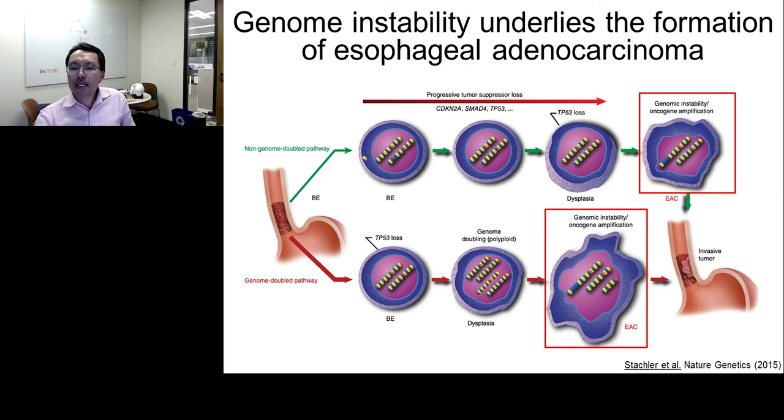Now, what we have done is we have harvested tissue from different stages in the course of progression from Barrett esophagus to esophageal adenocarcinoma, and profiled the copy number of these different lesions.